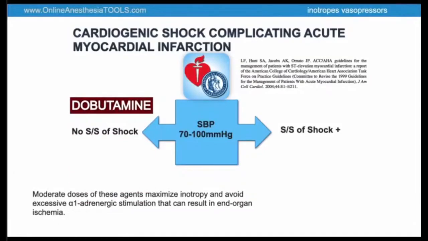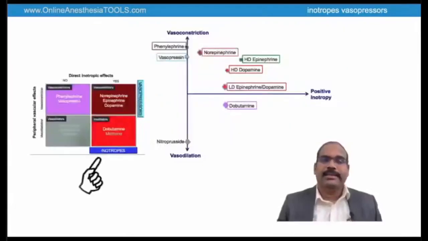And in case the blood pressure is already low and there are signs and symptoms of shock, dopamine or the next choice, noradrenaline, is used in such a scenario to maintain the perfusion pressures. Now let's try to make sense of it from our previous classification of drugs.